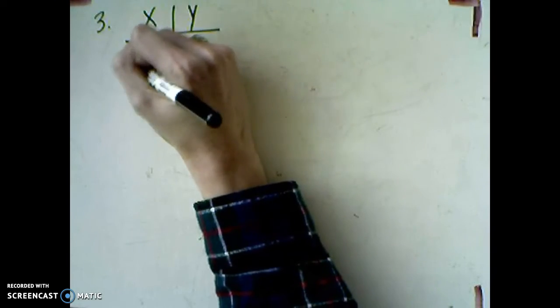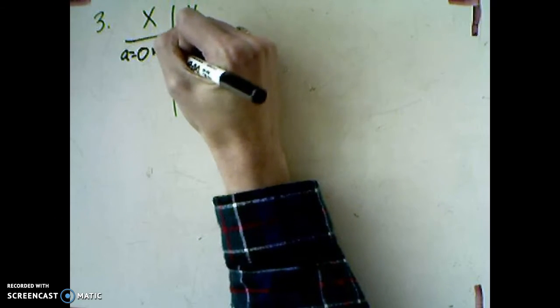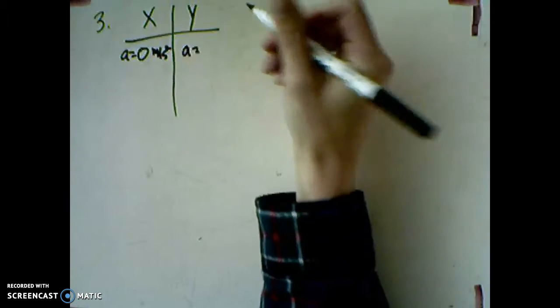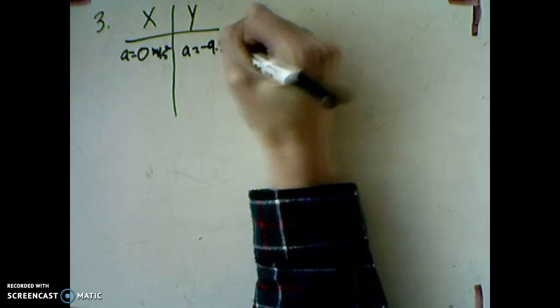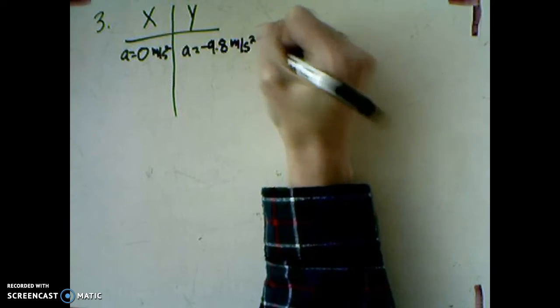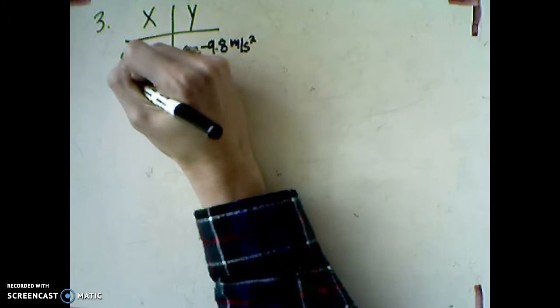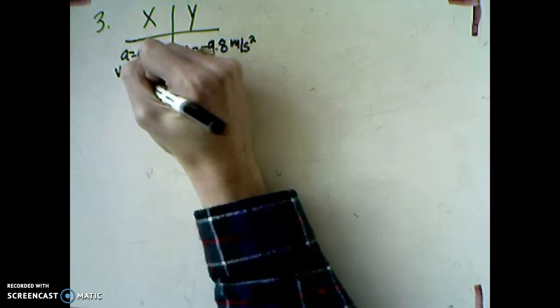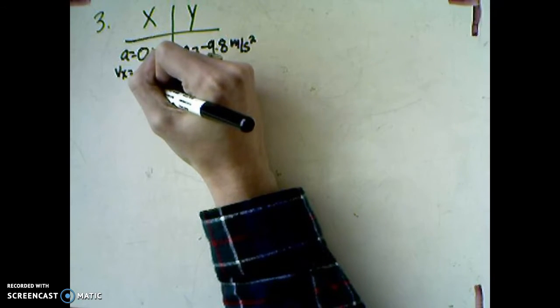So again, I'm going to start with my familiar steps of a being 0 meters per second squared in the x direction and a being negative, again for down, 9.8 meters per second squared in the y direction. I also note in this case that Vx, my initial and my final, are the same in the x direction, so I'm just going to write them once.